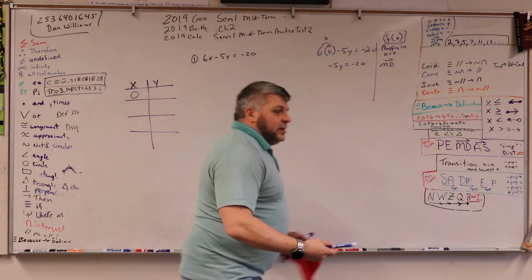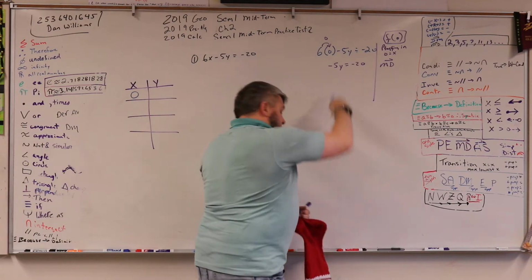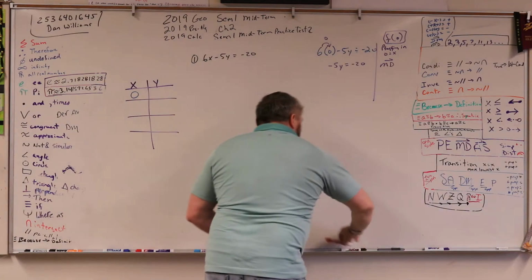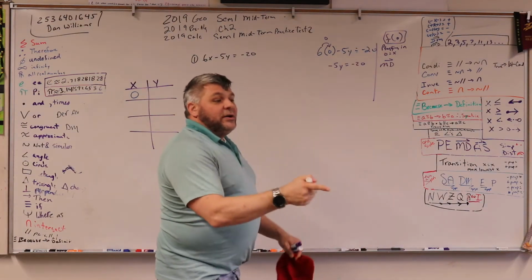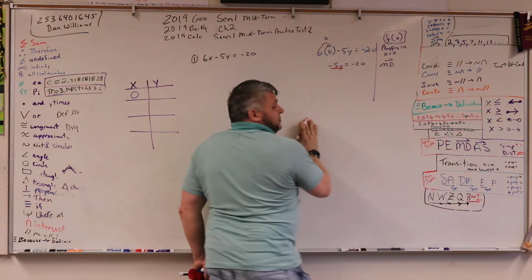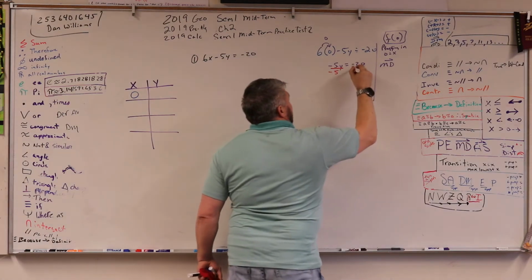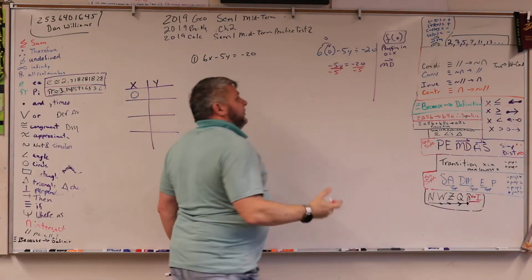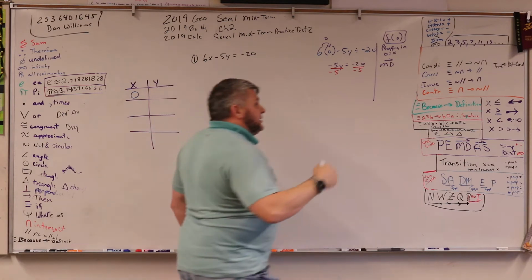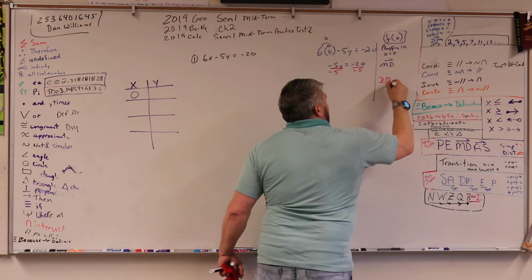SAD math, but are we subtracting or adding? No, what are we doing? Dividing, yeah. Because this is multiplying, what we're going to do is divide by a negative 5. What I do to one side, I do to the other. And so that's actually DM, dividing, multiplying, opposite.